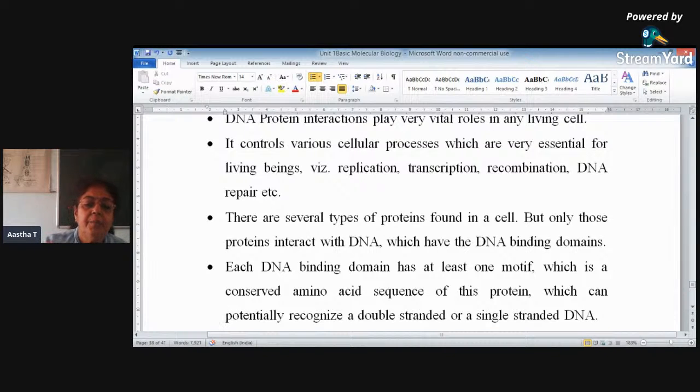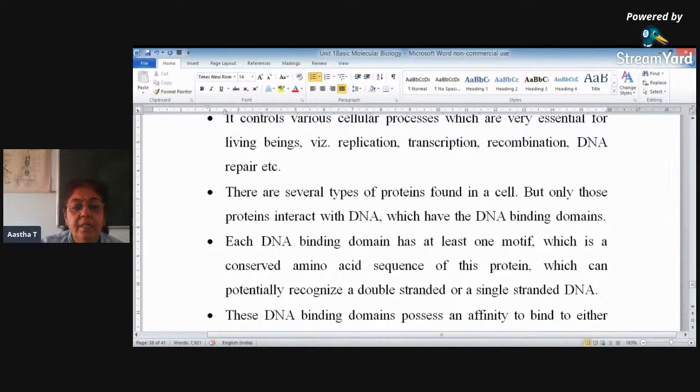A motif is nothing but a site at which a conserved amino acid sequence of this particular protein is present. So a motif is a sequence of specific amino acids to which the DNA can bind. They can recognize a double stranded or a single stranded domain.